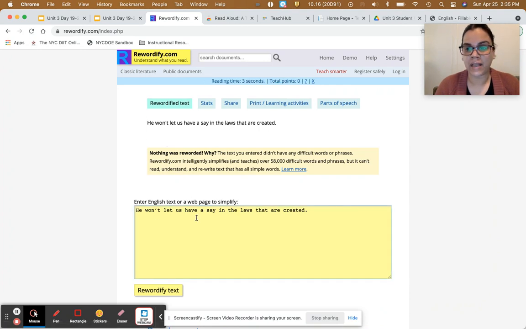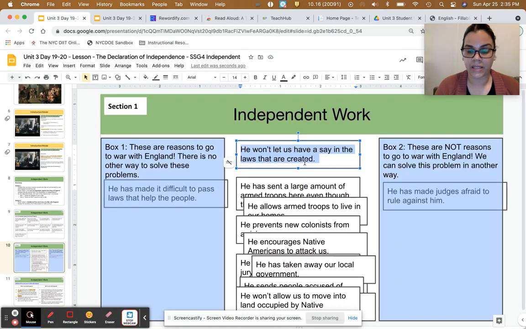And if there are words or phrases that you don't understand, Rewordify will highlight it or give you another sentence or word similar to what you don't understand so that you can understand what the complaint is.